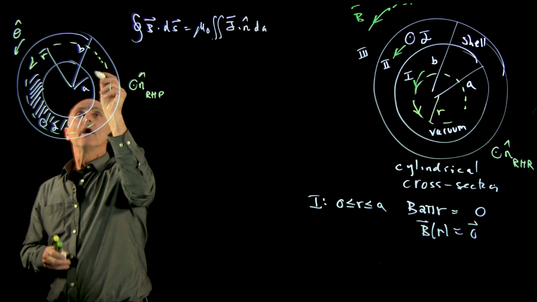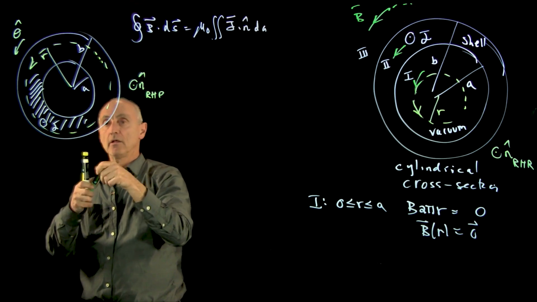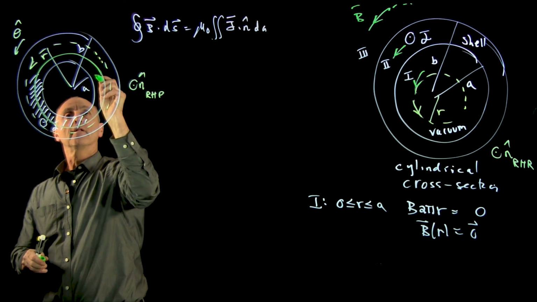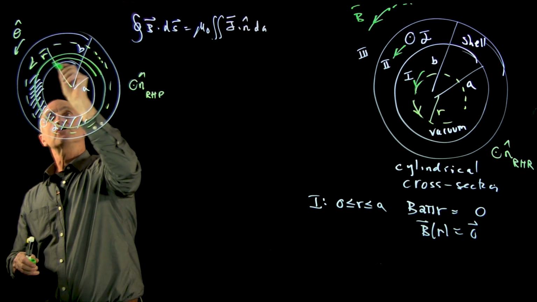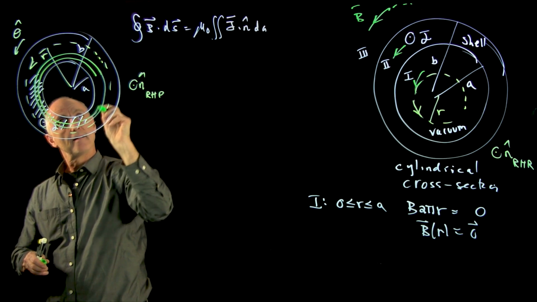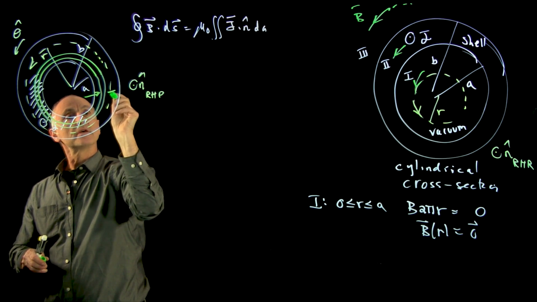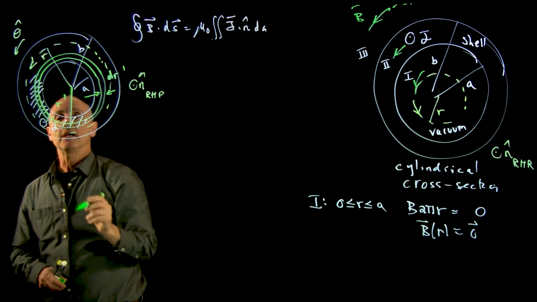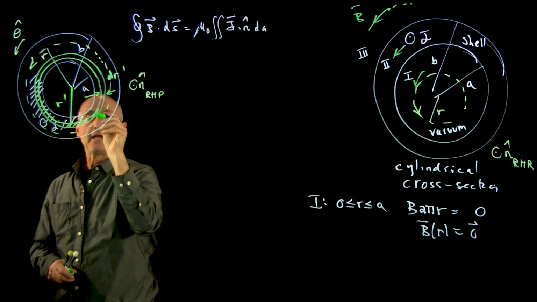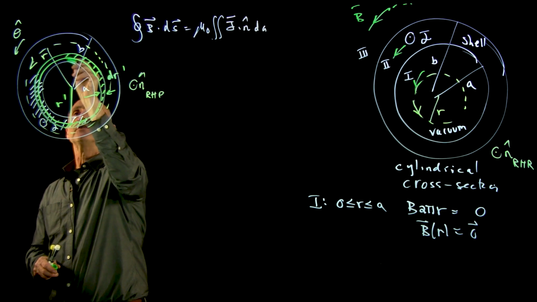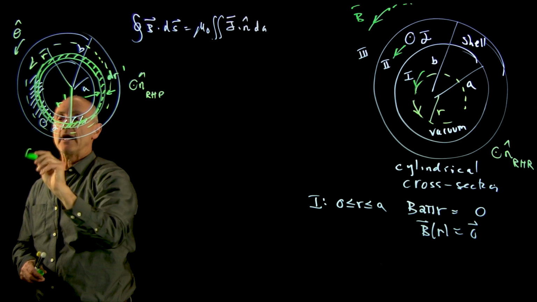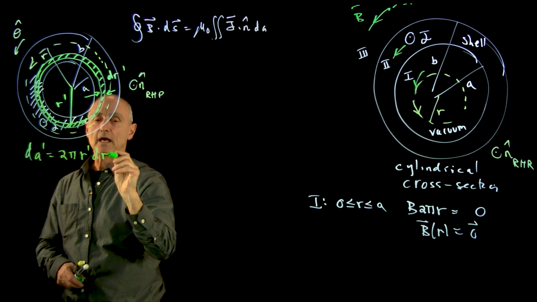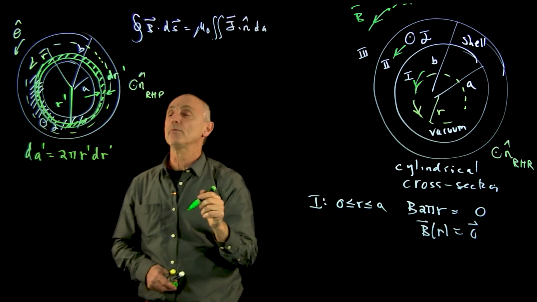As before, I'm going to choose a shell of thickness dr prime. A little hard to draw this. The thickness is dr prime, and the radius of that shell is r prime. I'll calculate first the current in this small area element, where dA prime, we've seen before, I can write that as that. The 2 pi is the theta integral.